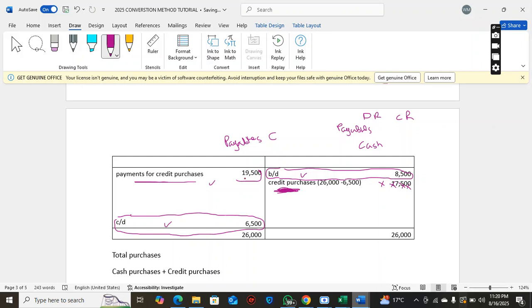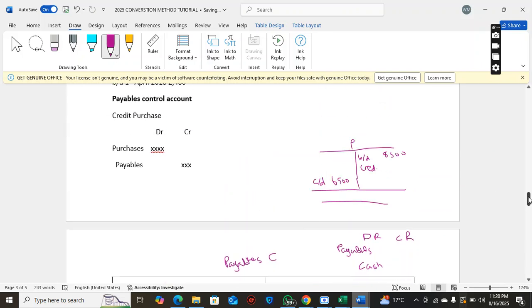So now what we need to find is, what was the amount? What's the figure for the credit purchases? In order to find the figure for the credit purchases, this is how you do it.